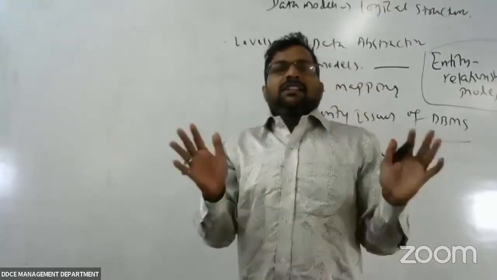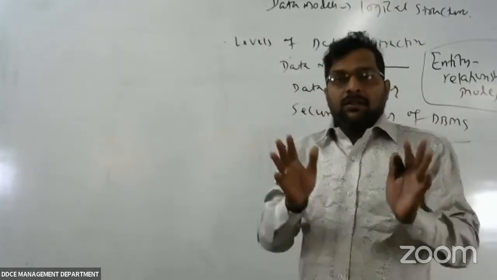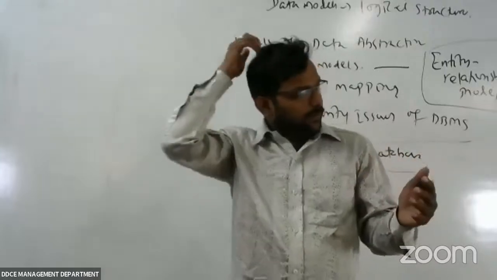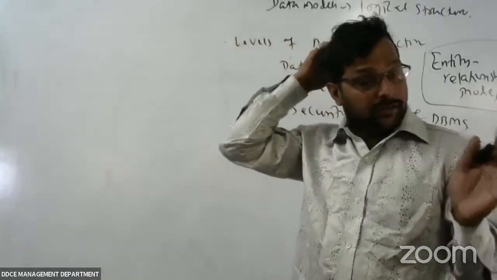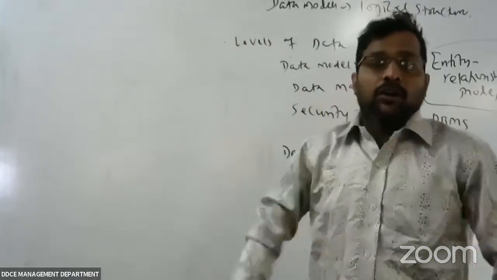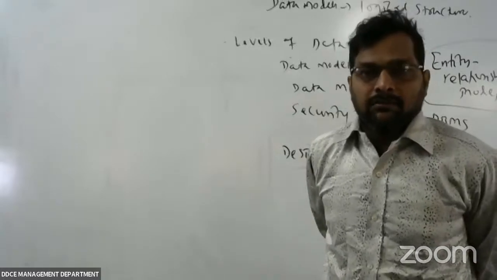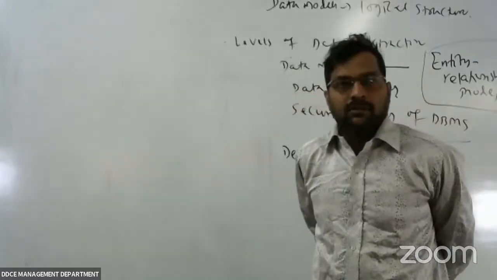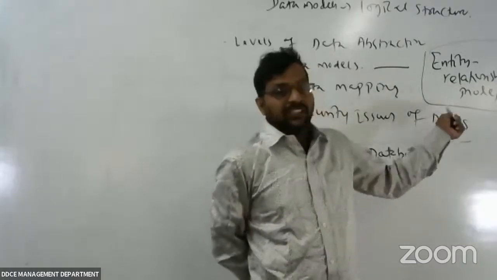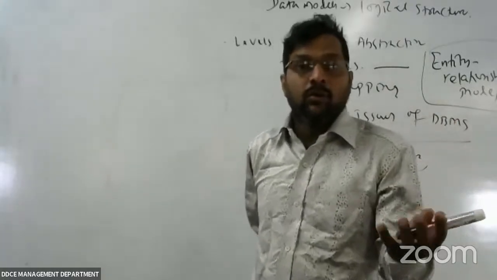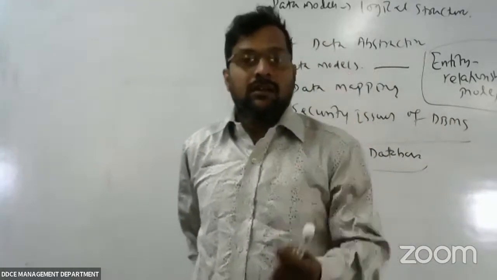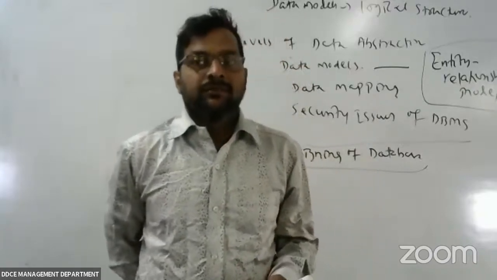Real world entities and their relationships mean that the management people will focus on this. You may not focus on the design part, because theoretically, if you focus on this, you can easily know the structural part of the database.